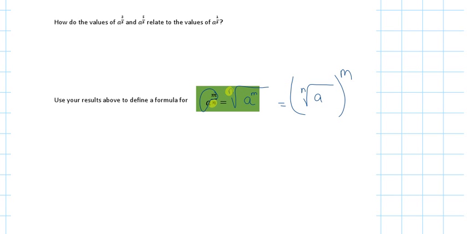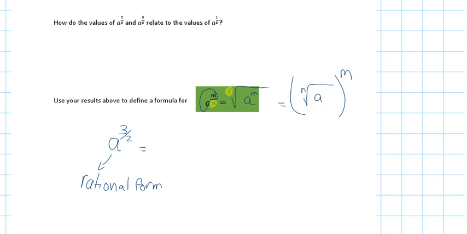Let's look at some examples here. So if I have a to the power of 3 over 2, we call this form the rational form. It's called rational because your exponent is a fraction, and a fraction is called rational. So how can I write this in a radical form?